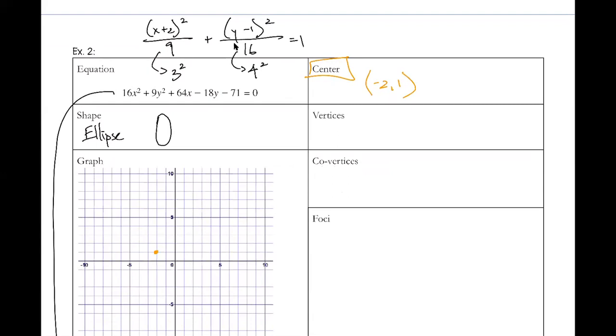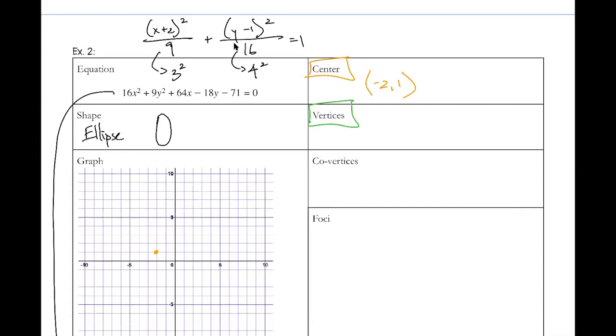To find my vertices, what am I adding where? K plus A and K minus A. Sorry, say that again?